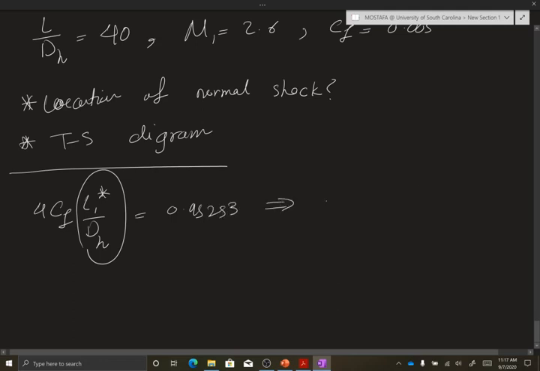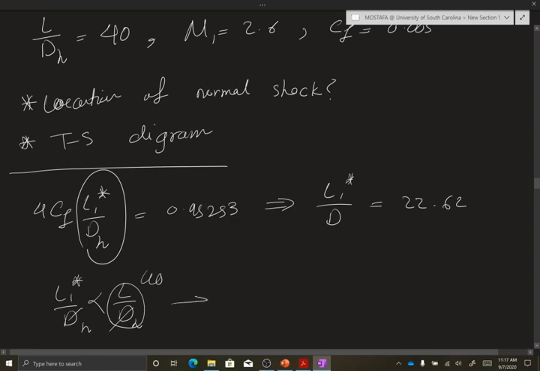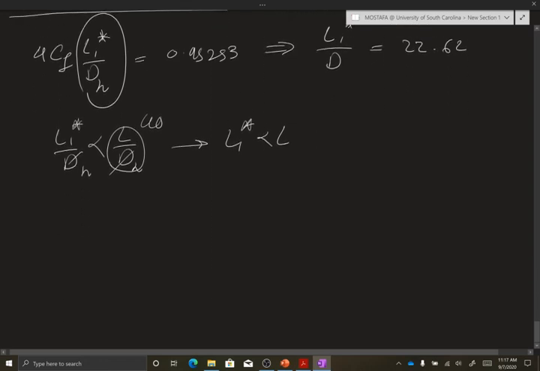Okay. So L star over D is going to be equal to 22.62, right? L1 star over D is smaller than L over D, which was 40, right? The diameters are the same. It means that L1 star is going to be smaller than L. So we will definitely have a normal shock.